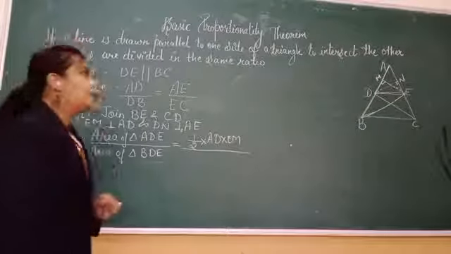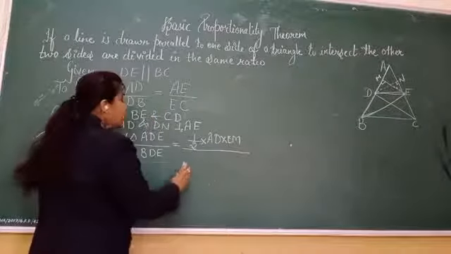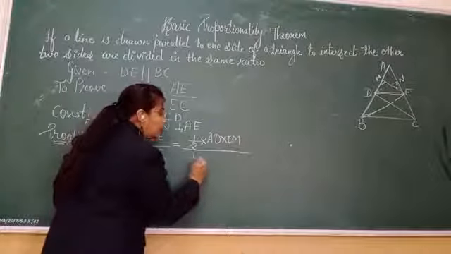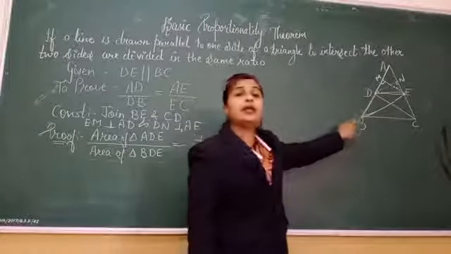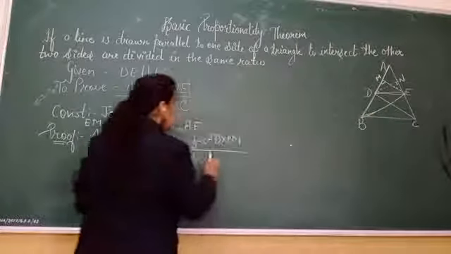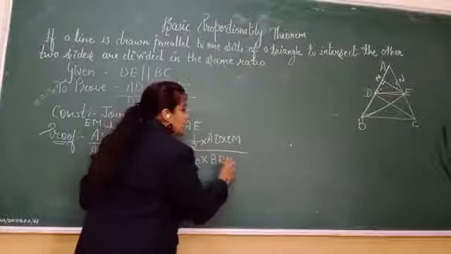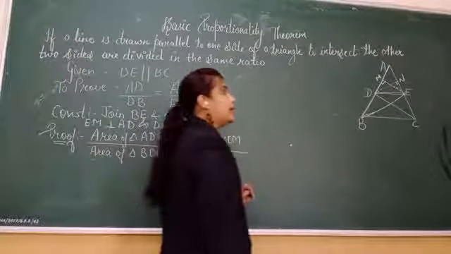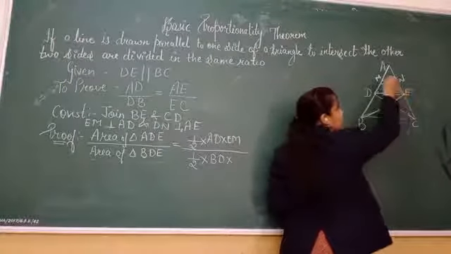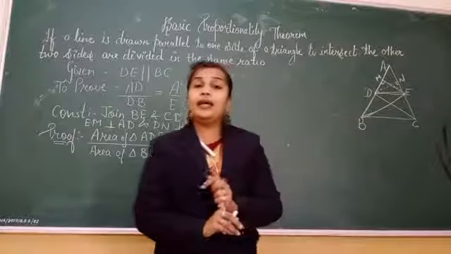What is the area of triangle BDE? Area of triangle BDE will become 1 by 2. Let us consider the base as BD, into what will be the height here? The height is again EM. Why EM?